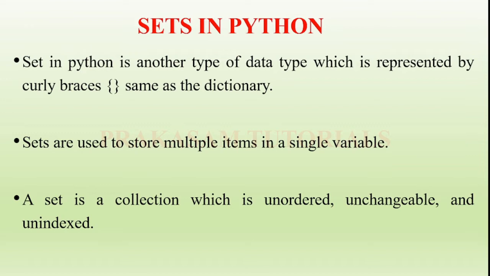Set items are unordered, unchangeable, unindexed, and do not allow duplicate values. Unordered items means that items in a set don't have a defined order.